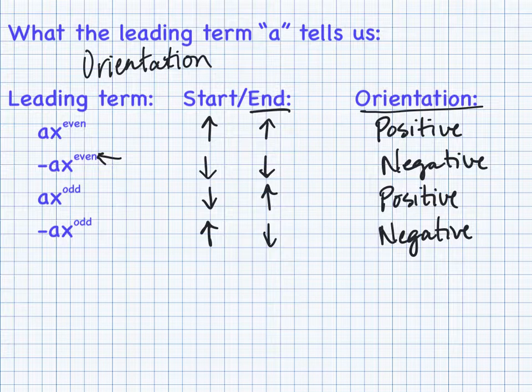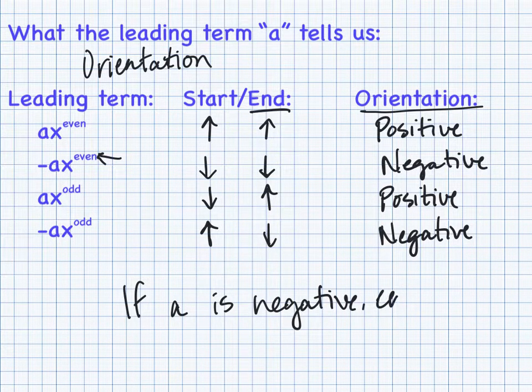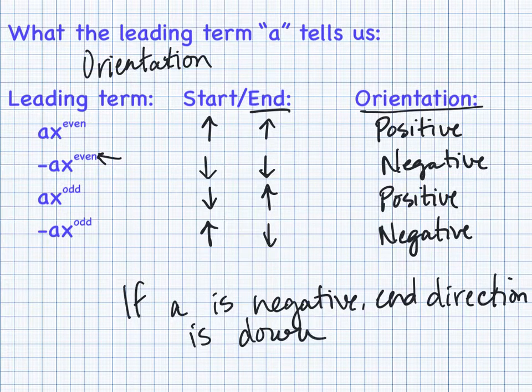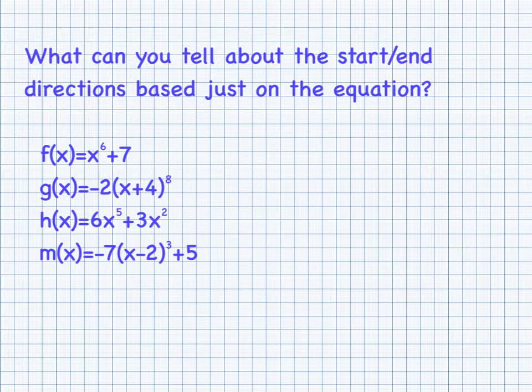So the biggest thing is if A is negative, end direction is down. And if A goes positive, the end direction is up. It's all about the sign of the first term.